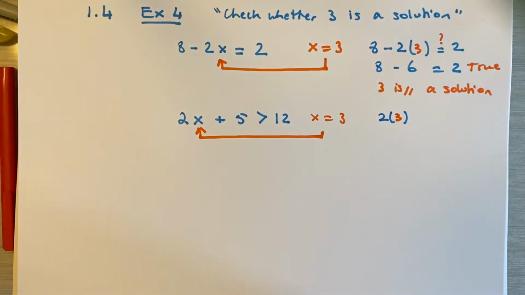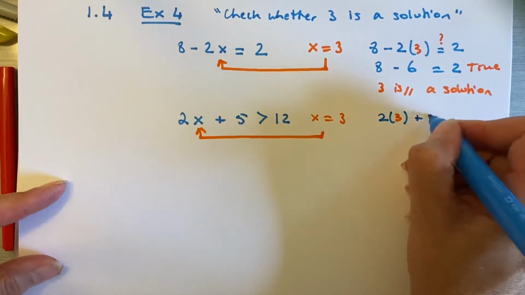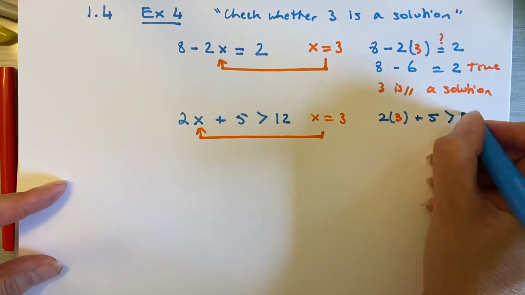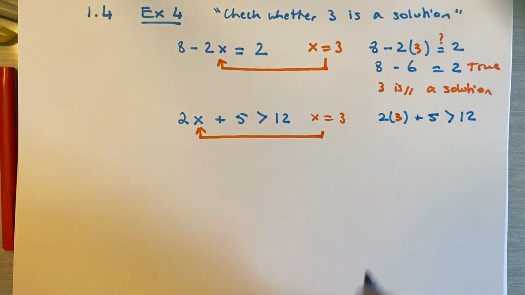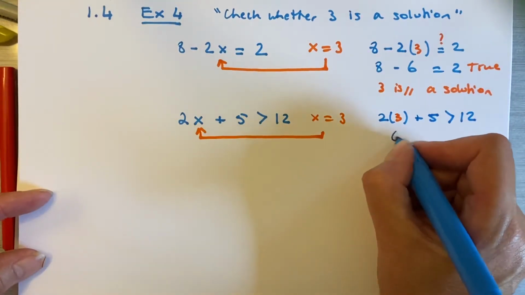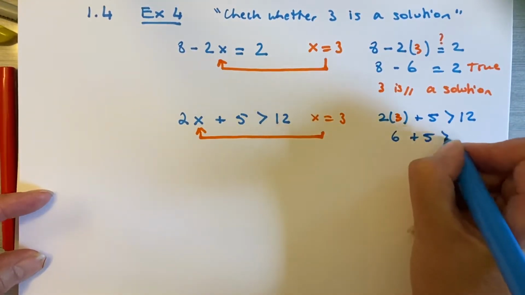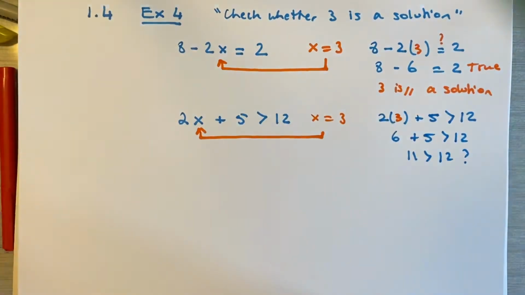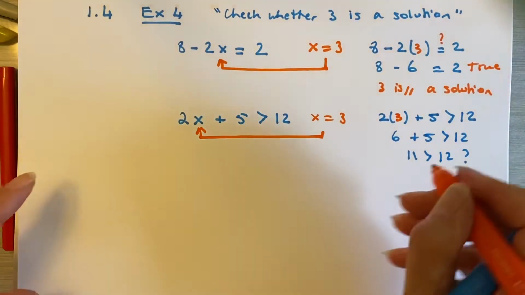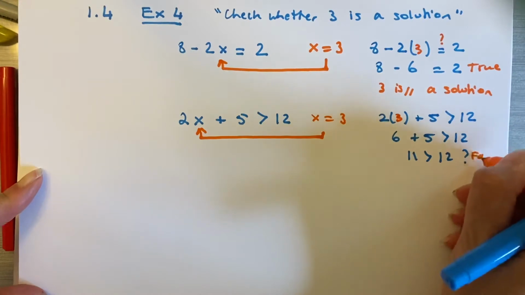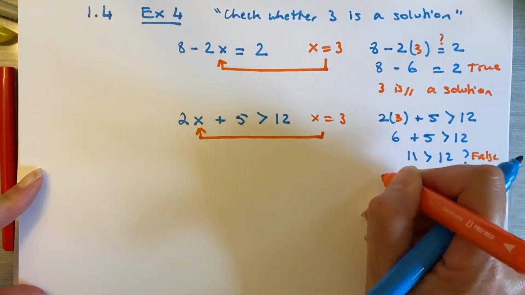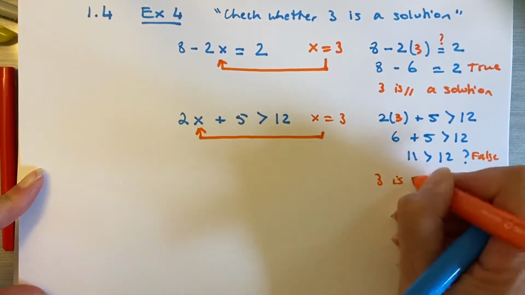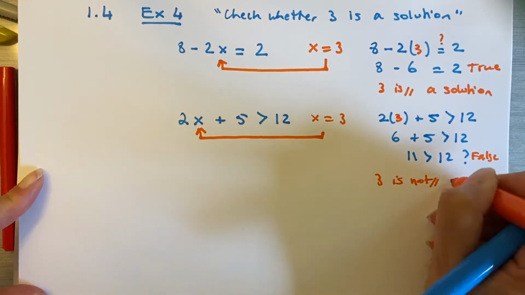Is 2 times 3 plus 5 greater than 12? 2 times 3 is 6. 6 plus 5. Is 11 greater than 12? No, it is absolutely not. So this gives you a false statement. In other words, 3 is not a solution.